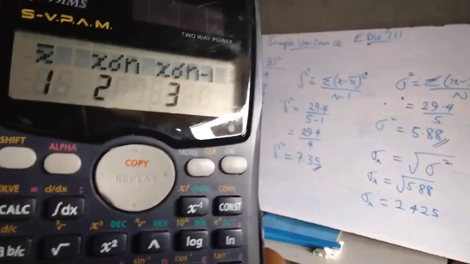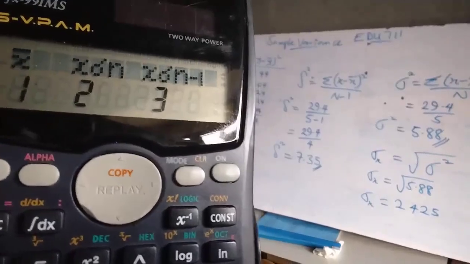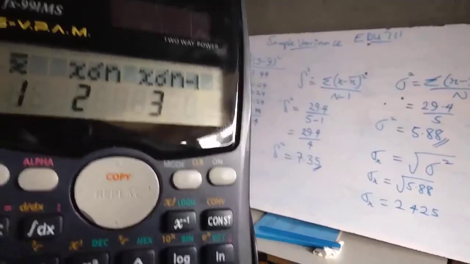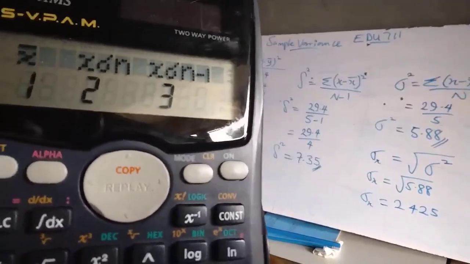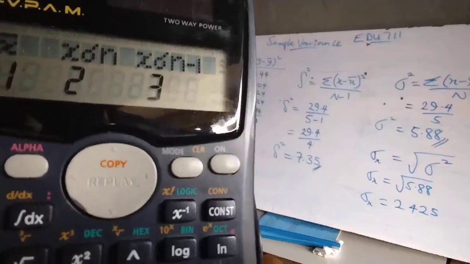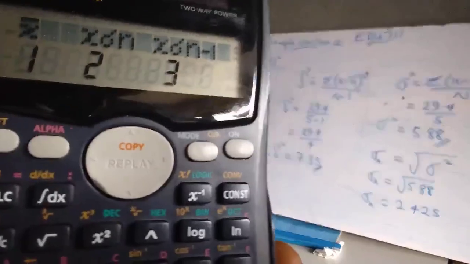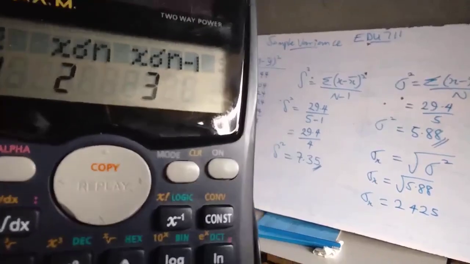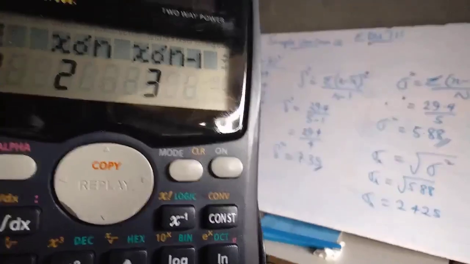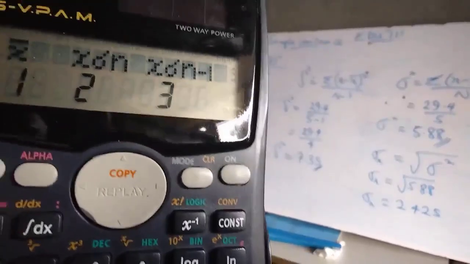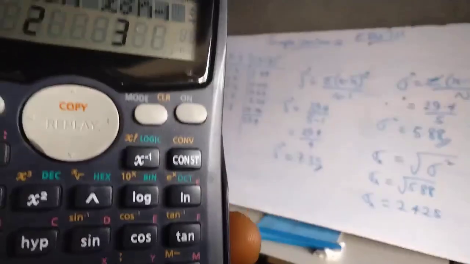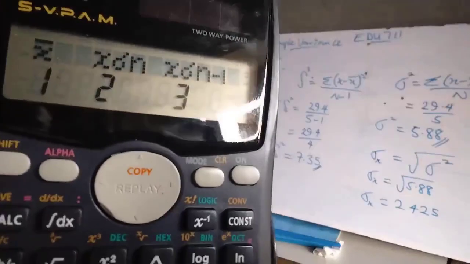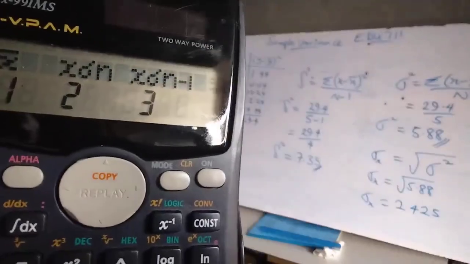So let's see, our S sigma n, which is 2, is the one with n, the population standard deviation. Then the one with n minus 1 is the sample standard deviation. So when you press 2, you get your population standard deviation.